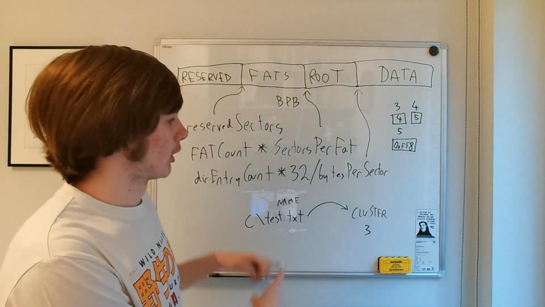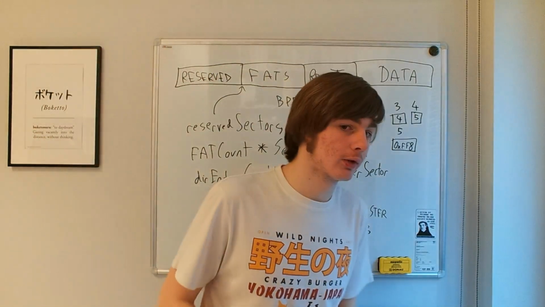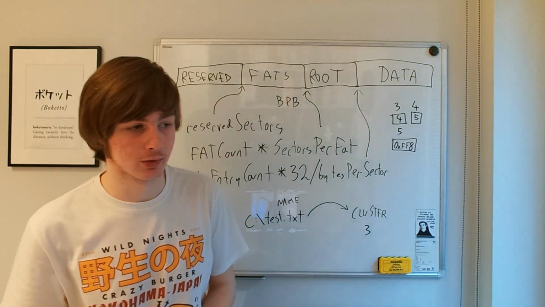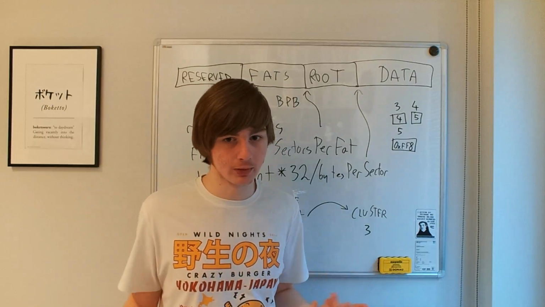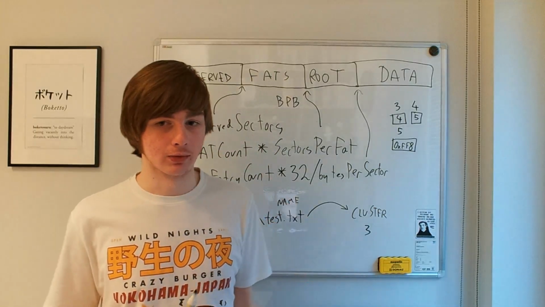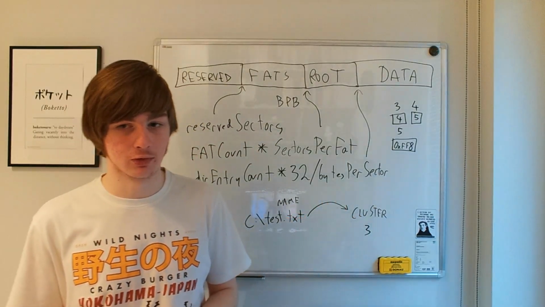But how do you actually read a cluster, right? Well, I assume that you already have some way, because we've already talked about input and output. It's really easy to look up in the documentation how to communicate with an ATA drive, for example. I've seen some people even dabbling with newer technologies such as NVMe.